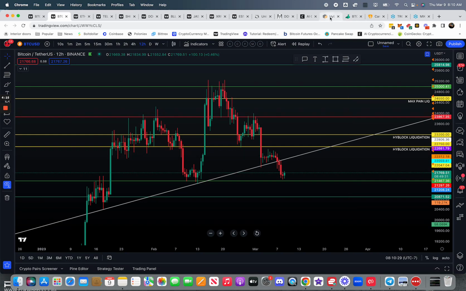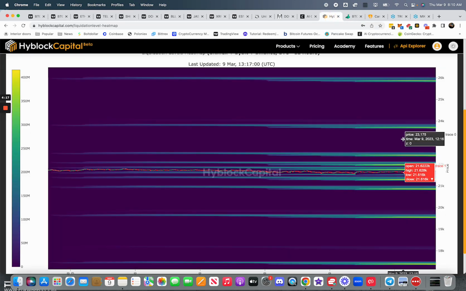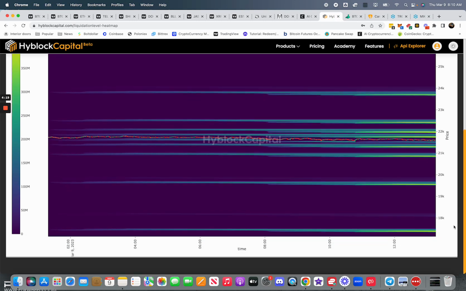I'm going to show you those briefly, and then we're going to talk about price action. This was refreshed this morning. The 12-hour chart shows liquidations to the downside. The ones closest to the price action have the higher X factor, higher leverage, better said. The ones further down below show a more cautious approach.